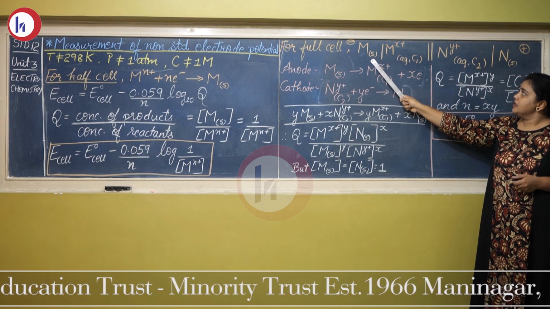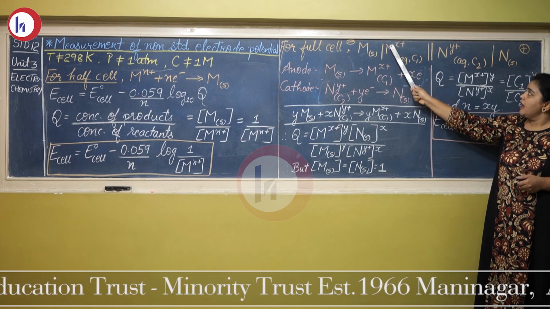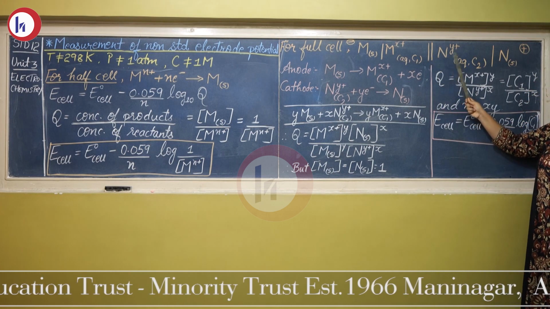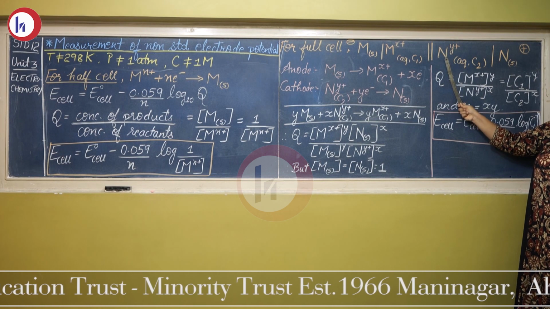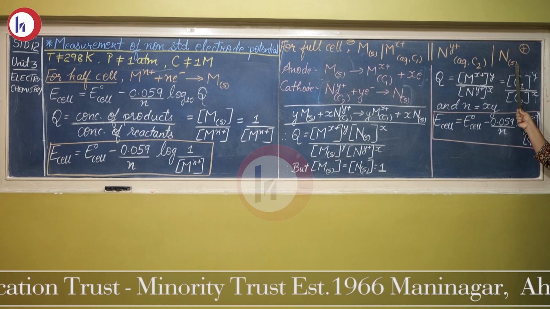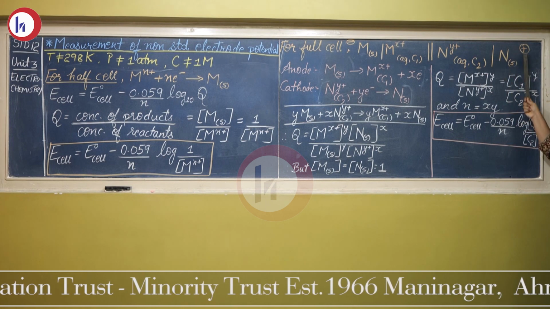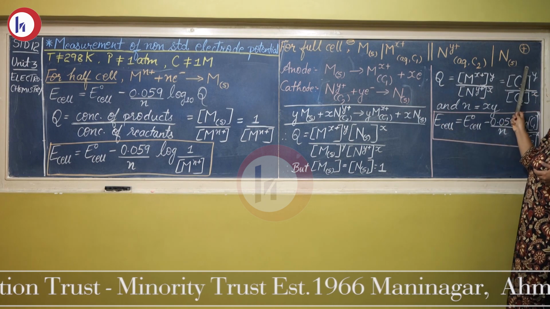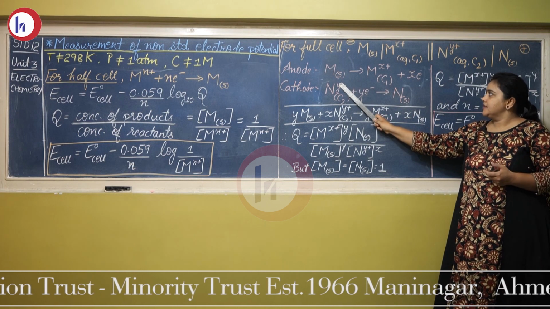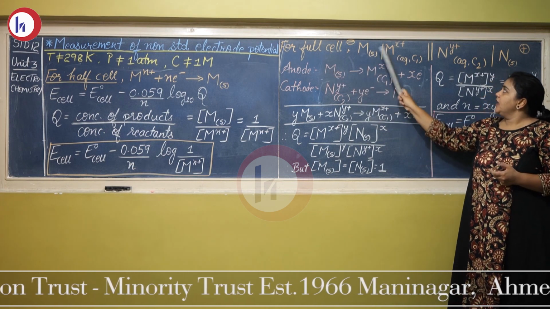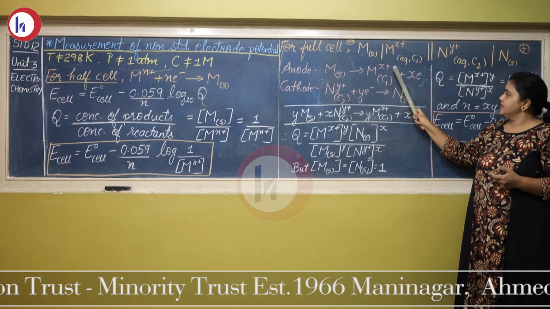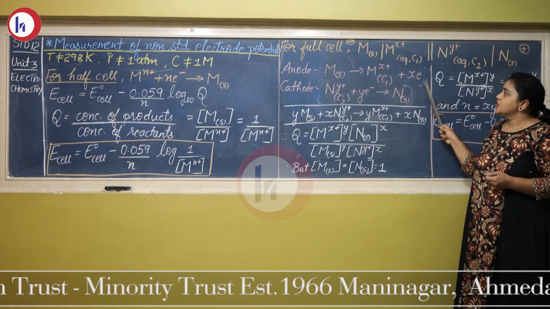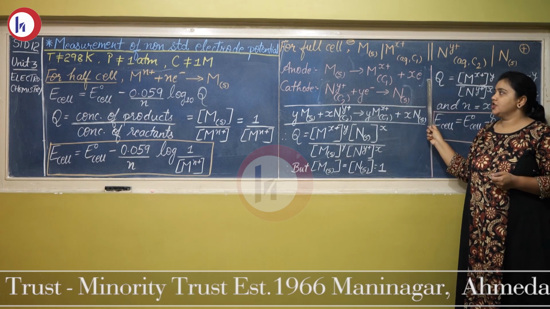Cell representation: metal solid dipped in metal ion X plus of concentration C1, salt bridge which is connected with n number of metal ions having a concentration C2, in which there is the electrode dip of symbol N. So here if you look, for this given cell, the anode and the cathode reaction can be written as: metal solid will give you M raised to x plus ions whose concentration is C1 and x moles of electrons are released in the solution. This shows the oxidation half reaction of the cell.